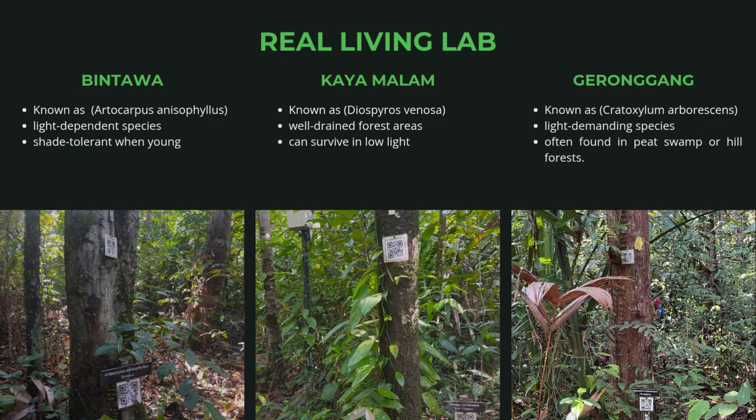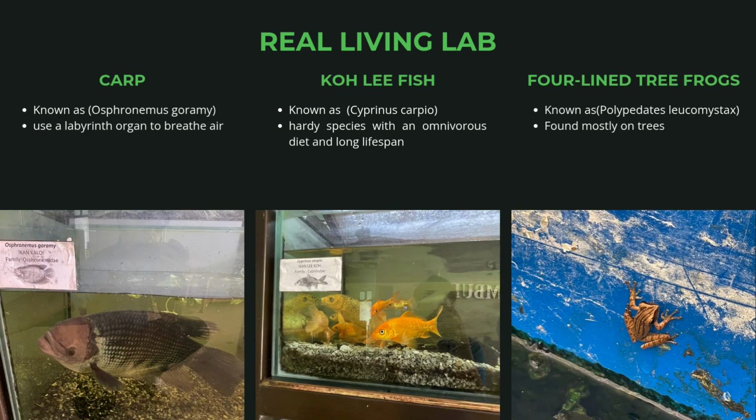Kayu malam, Diospyros venosa, prefers humid, well-drained forest areas, and its seedlings can survive in low light, showing adaptation to understory conditions. Lastly, Geronggang, Cratoxylum arborescens, is a light-demanding species that grows best in open areas or forest gaps, often found in peat swamp or hill forests.